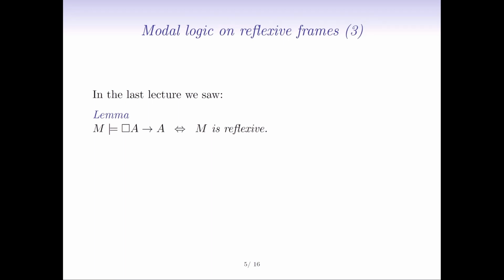So there are many examples, by the way, of reflexive relations in mathematics. A simple one would be the equality relation. So we take the relation of two things being equal. That is a reflexive relation in that every point is related to itself.